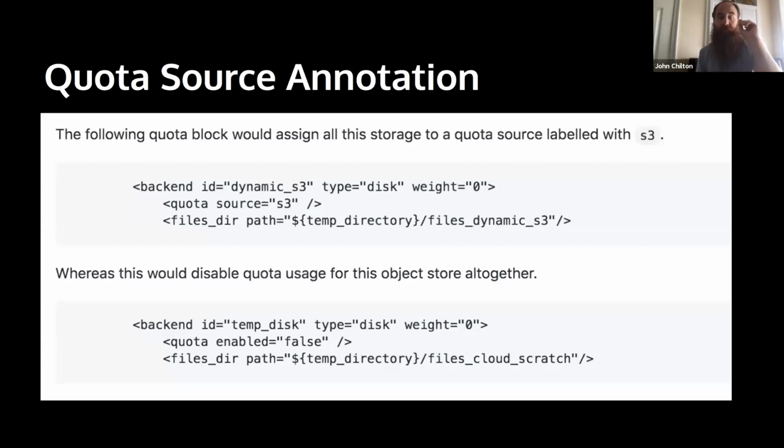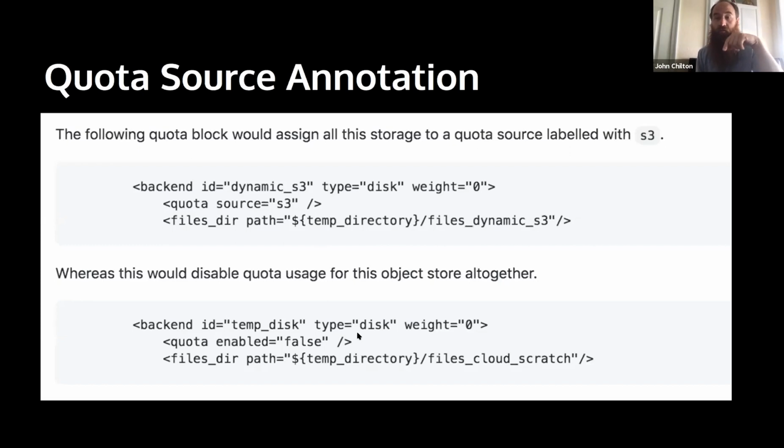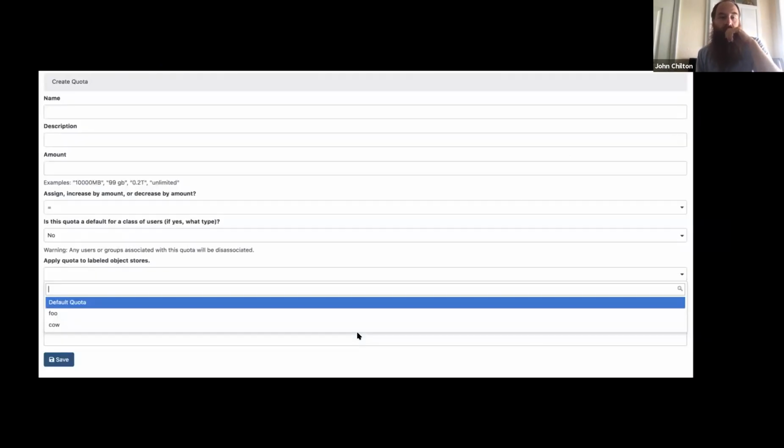The admin perspective here is that in the object store XML, you can just attach these source tags, like here, source S3, or you can disable quota altogether with this enable tag. Both of these quota tags are new for admins in this PR.